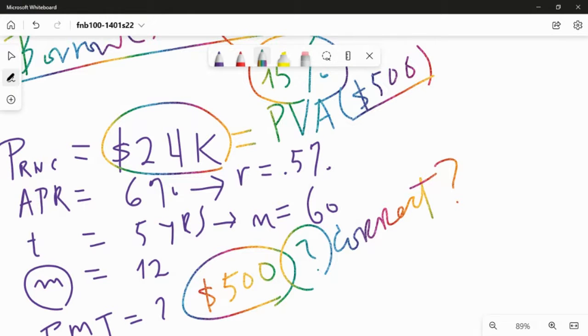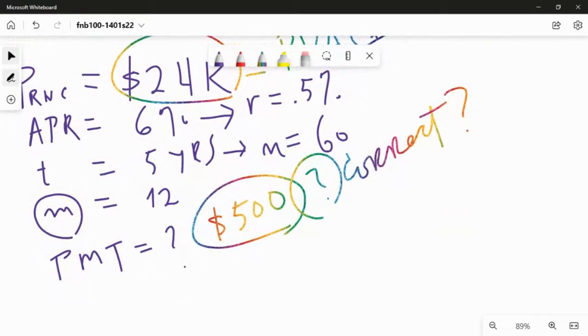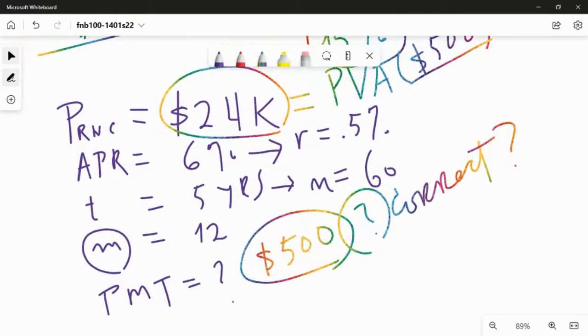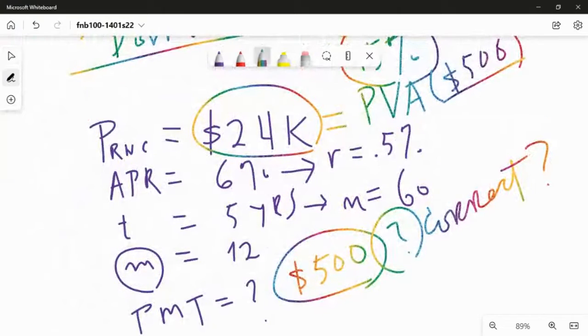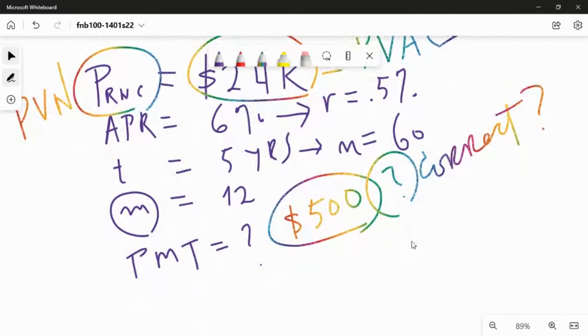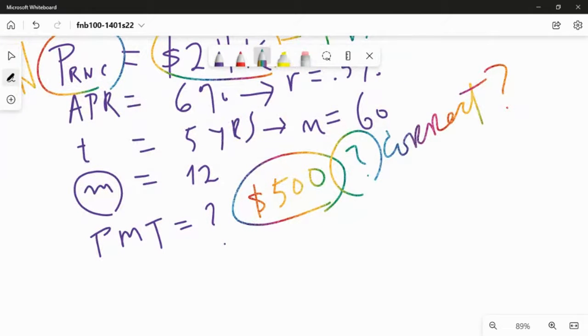The second approach is, because we already know what the present value of all those annuities should be, which is this 24K, and that being known, the question is what is the payment?